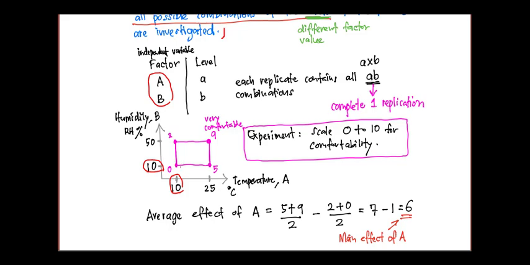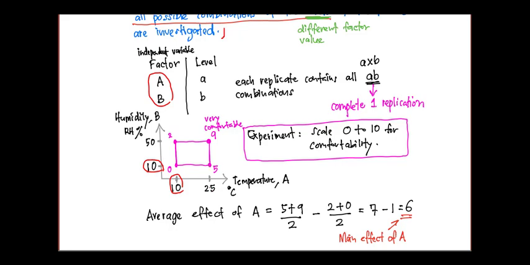And after that, we change the temperature from 10 degrees Celsius to 25 degrees Celsius and keep the relative humidity at 10%. As you can see, the comfort level has increased to 5, but it is moderately comfortable, but not very comfortable.